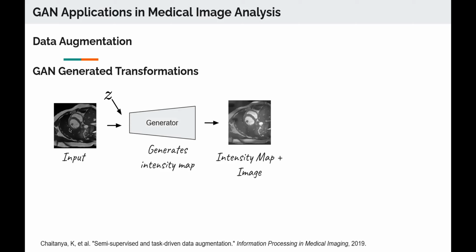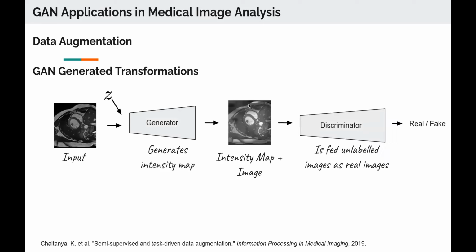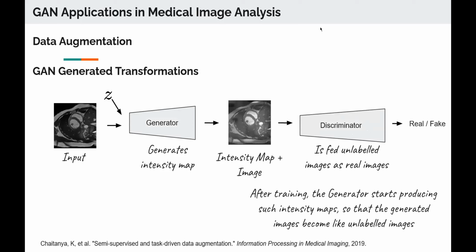So for example, we can ask the generator to produce some intensity map, which we will add to the image. So this will produce an image with a different intensity profile. We will again feed this to a discriminator, which will also get fed with a lot of unlabeled images. So if those unlabeled images have different types of intensity profiles, our generator will try to generate intensity profiles that match the unlabeled images, right?